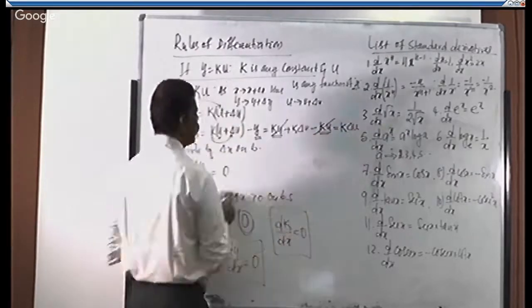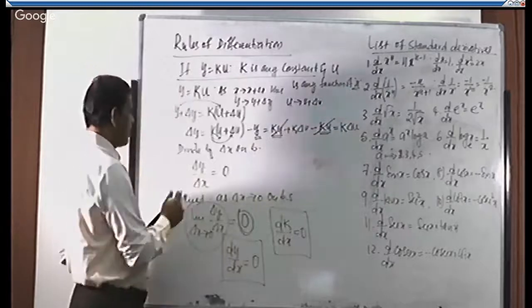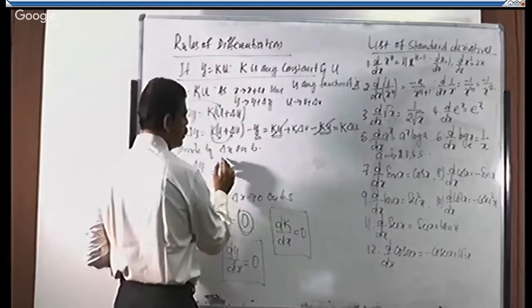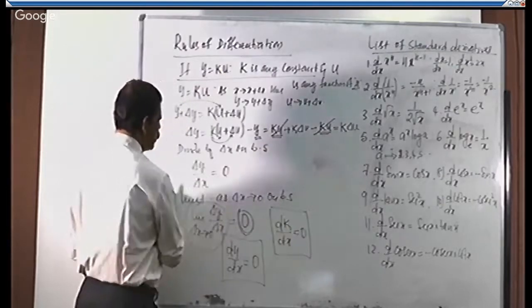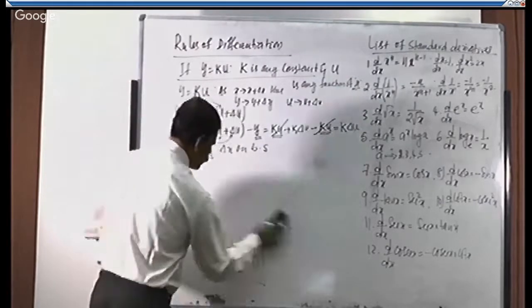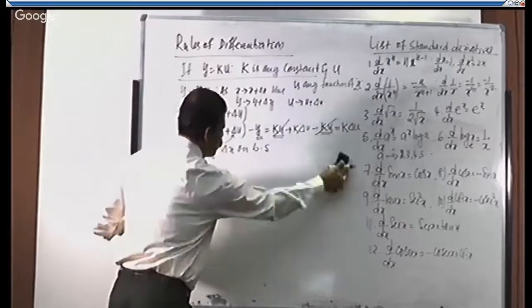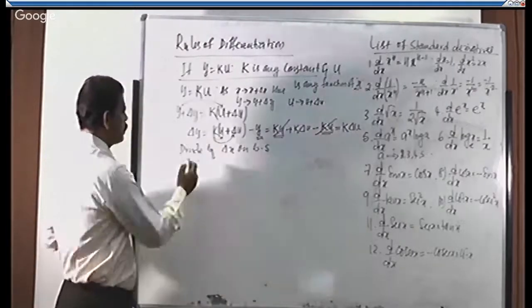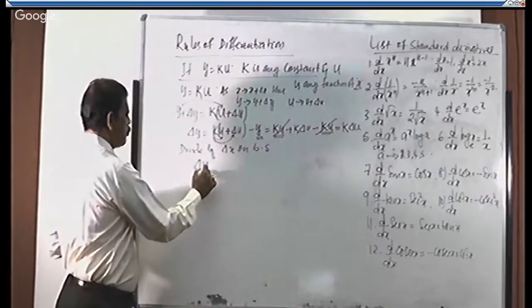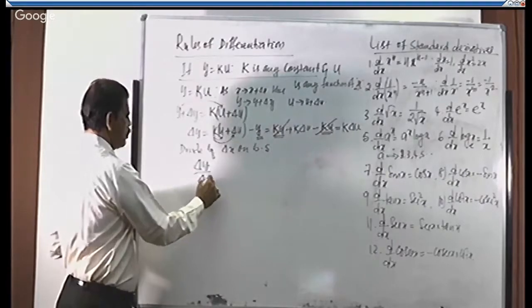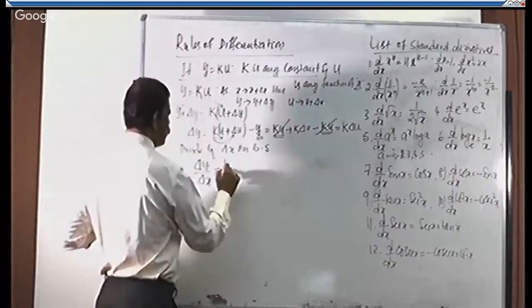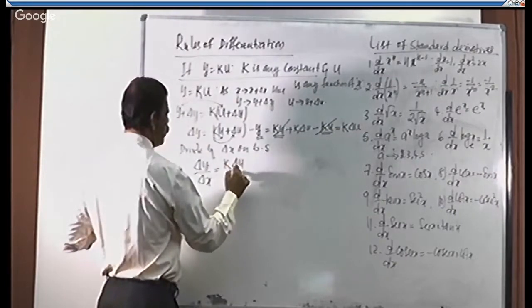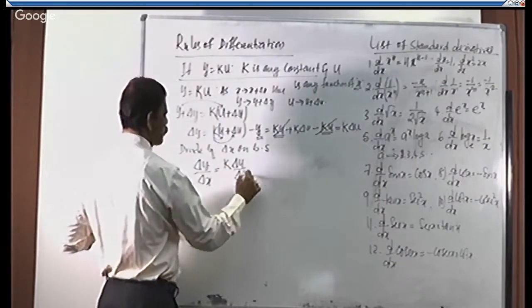Now divide by delta x on both sides. What you will get? Delta y divided by delta x is equal to k into delta u divided by delta x.